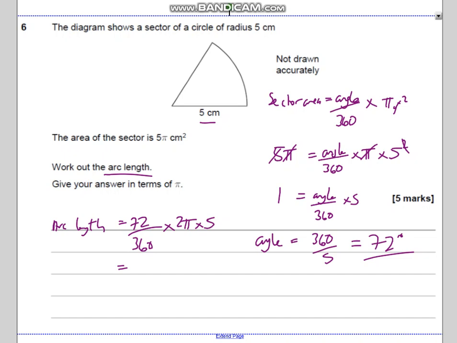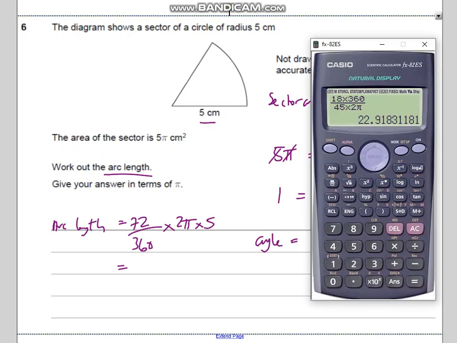I mean, you could just punch this into your calculator. I may as well do that first off just to show you that. So we'll want the fraction, and then 72 over 360, and then times that by 2 pi times 5. So that does give us 2 pi, which is the answer.